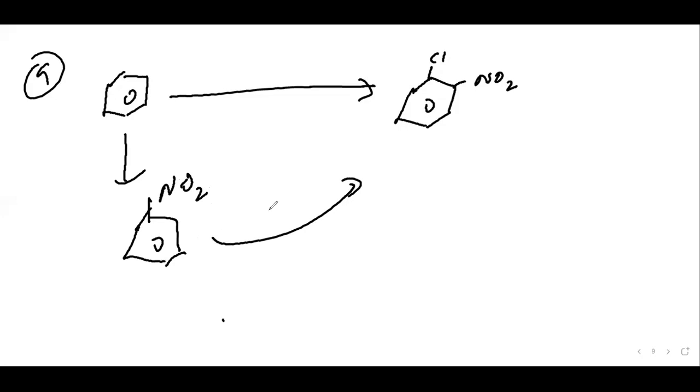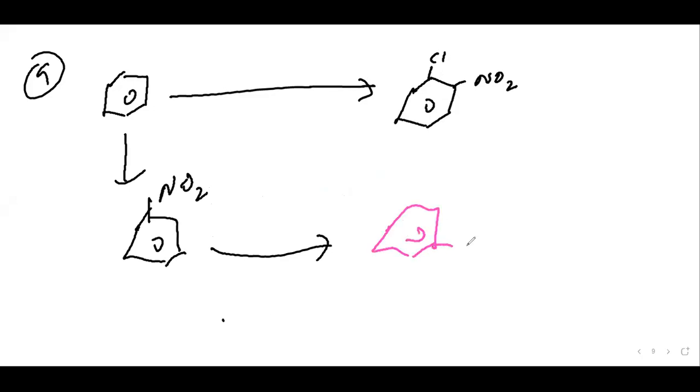Meta director. So if you put AlCl3 and chlorine, Pramodi, will you be able to get chlorine into the second carbon? No, chlorine will definitely go to the third carbon because NO2 is a meta director. Then you will end up with some other product, chlorine at the meta position. Do you understand what I am saying?